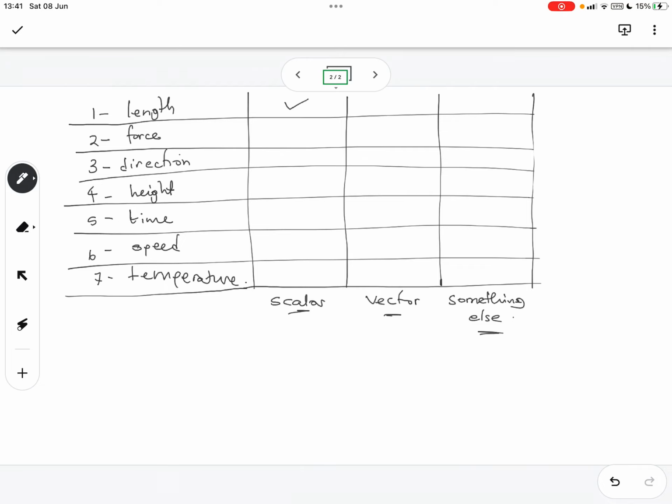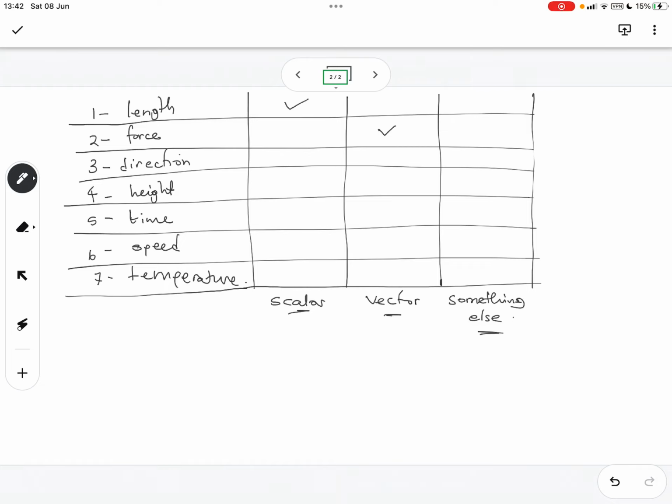Then when we think about force, force is measured in Newton, and that gives us a magnitude, but then it's also given a direction. If you remember correctly, Musa and Magdalene. So if it has magnitude and direction, where do we put it in this table? It's a vector.